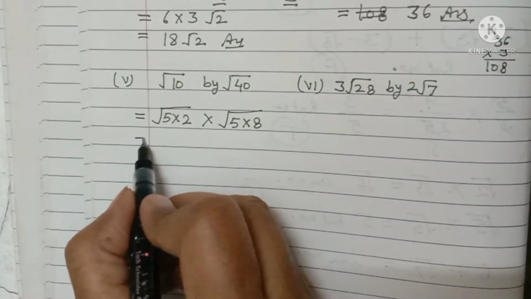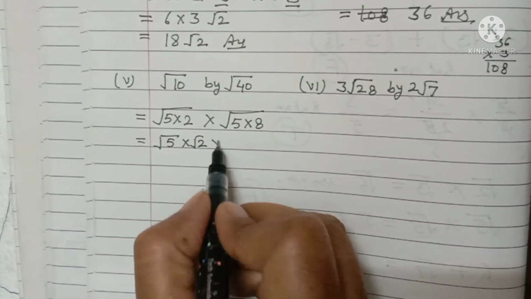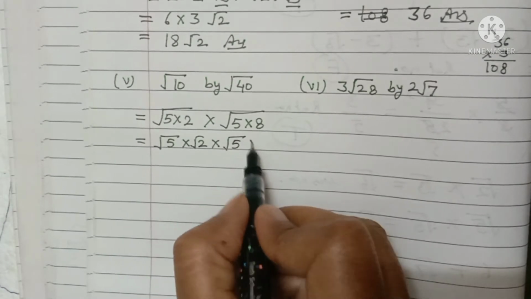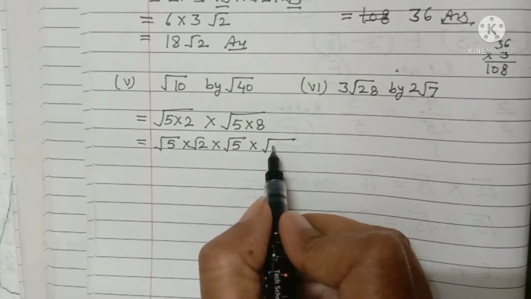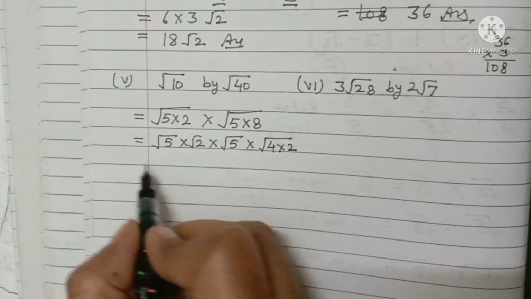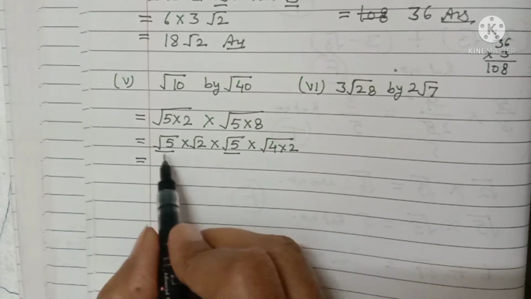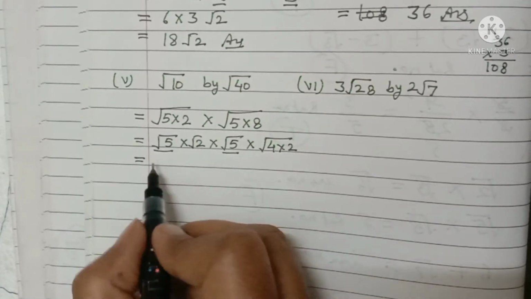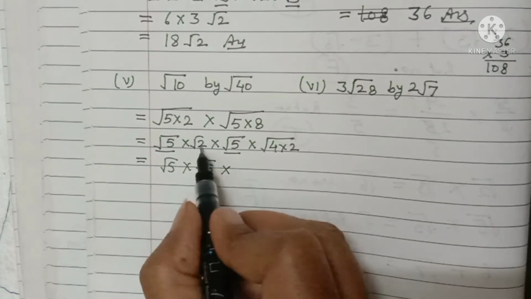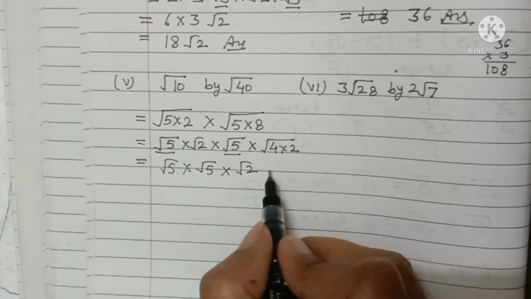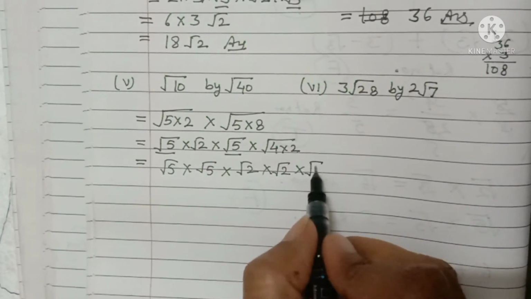Now you can write it under root 5 into under root 2 into under root 5 into under root 8, which means under root 4 into 2. So you can group in pairs: under root 5 into under root 5, into under root 2, and this is also under root 2, and this is under root 4.